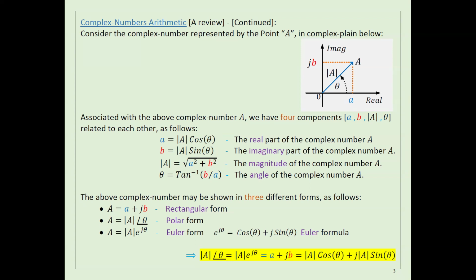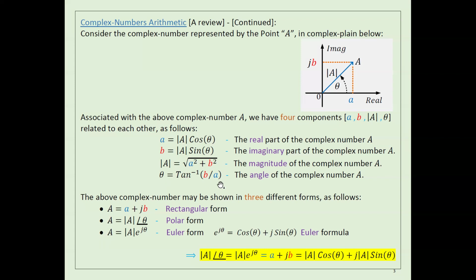What about the angle? The angle is the inverse of tan of b divided by a. So you have to divide b by a, and you need to calculate the inverse of tan. You can tell from here, because what is tan theta? It's the opposite divided by the adjacent. The opposite is b, the adjacent is a. So if you have b divided by a, I can take the inverse of tan to calculate theta.